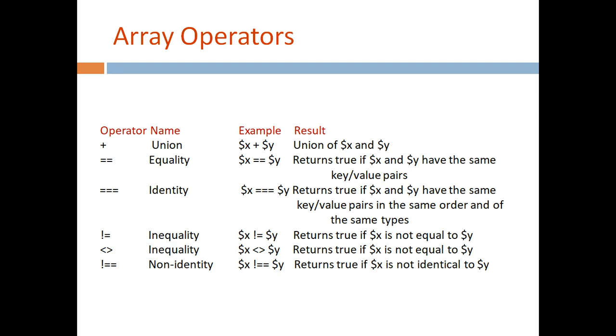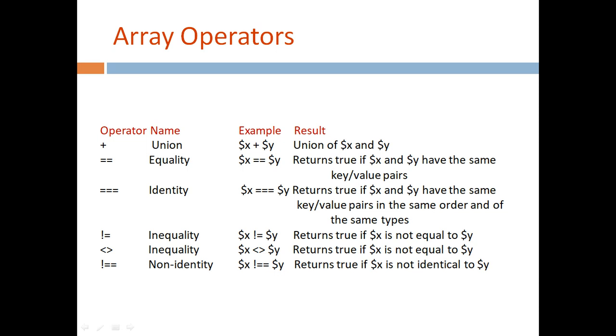Next, coming to array operators, they are working on array values. This is like comparison operators, but these are applied on array values. The input will be given in the form of arrays. So we have union, equality, identity, inequality and non-identity as our array operators. Union means they will combine both the array values.